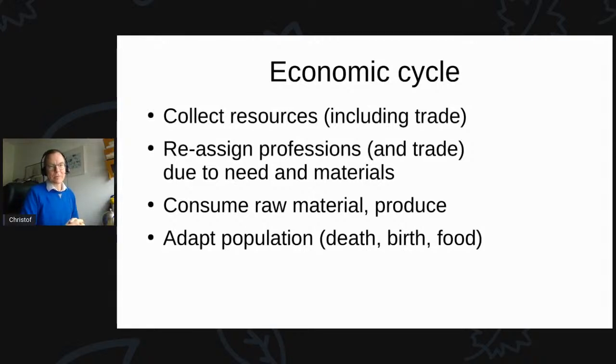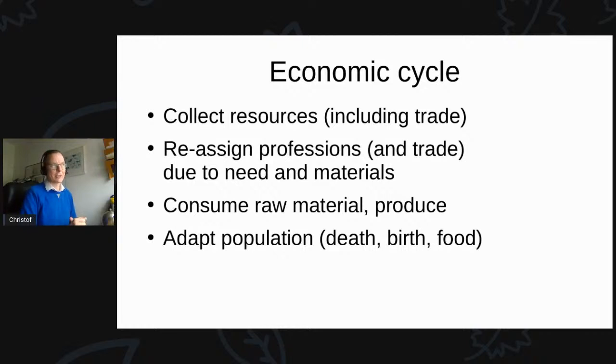The next step is consuming. After planning how many people should do, for example, blacksmithing this round, you consume the raw material from the stock. You produce, which is typically what happens during one economic cycle, and add it to the stock.